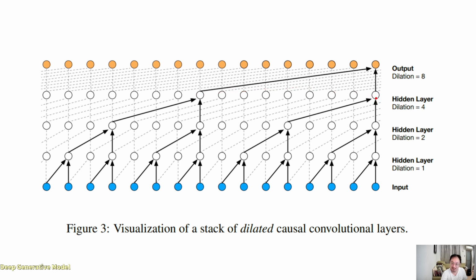And in this layer, we consider maybe 0.25 or 1/4 seconds ago, and the current one. And for this layer, it considers the current effect and the outcome of 1s ago, and so on.